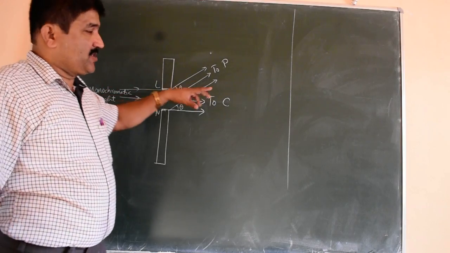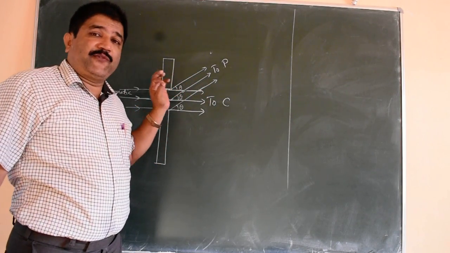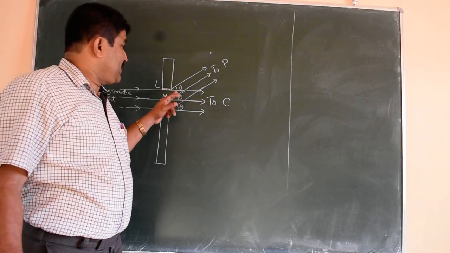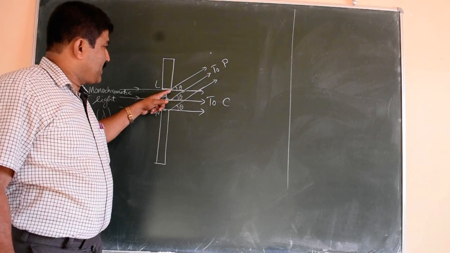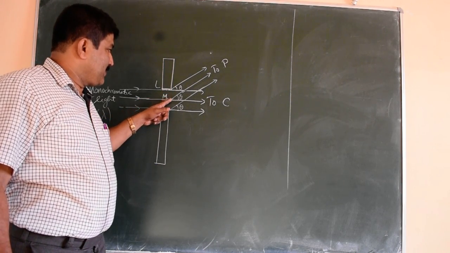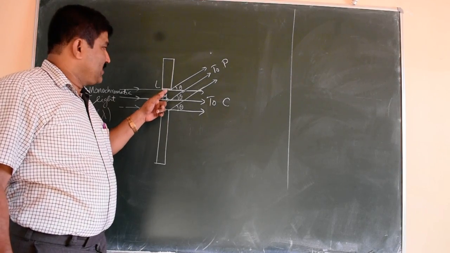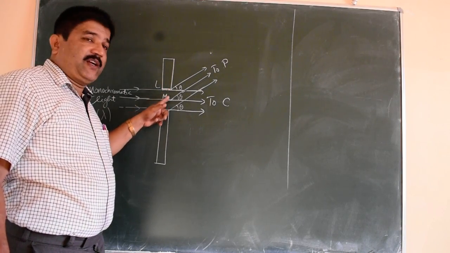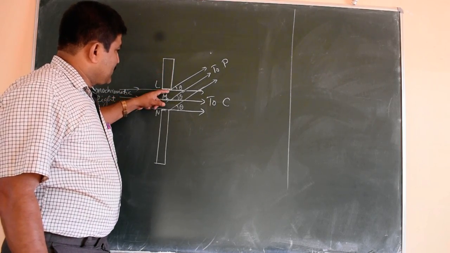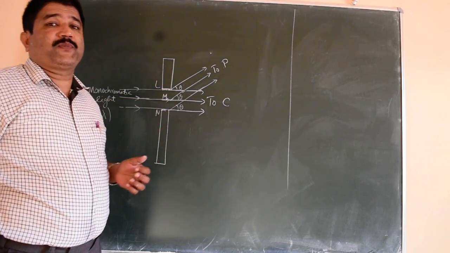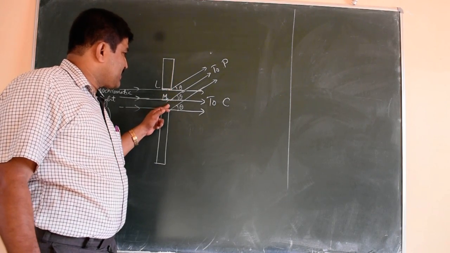Whereas in the diffraction phenomenon, you have to note down, light from various parts of a single slit, upper part, lower part, middle part, from different regions of the wavefront.